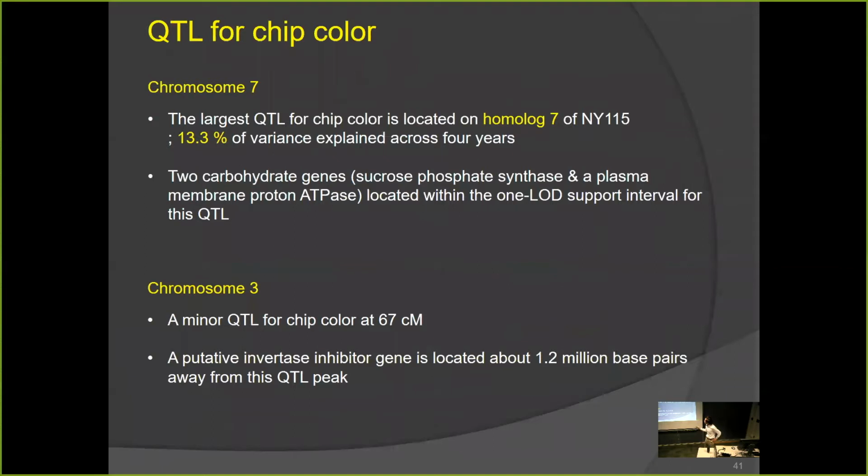And near here, 2 carbohydrate genes, sucrose phosphate synthase and plasma membrane proton ATPase, are located within a 1 LOD support interval for this QTL. When I checked chromosome 3, there was a minor QTL for chip color located at 67 centimorgan. And a putative invertase inhibitor gene is located about 1 million base pairs away from this QTL.